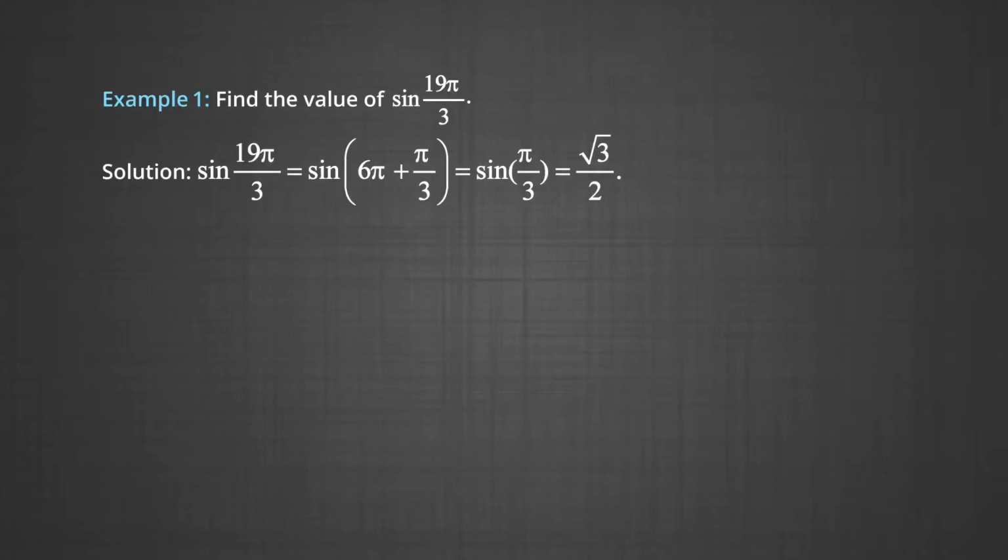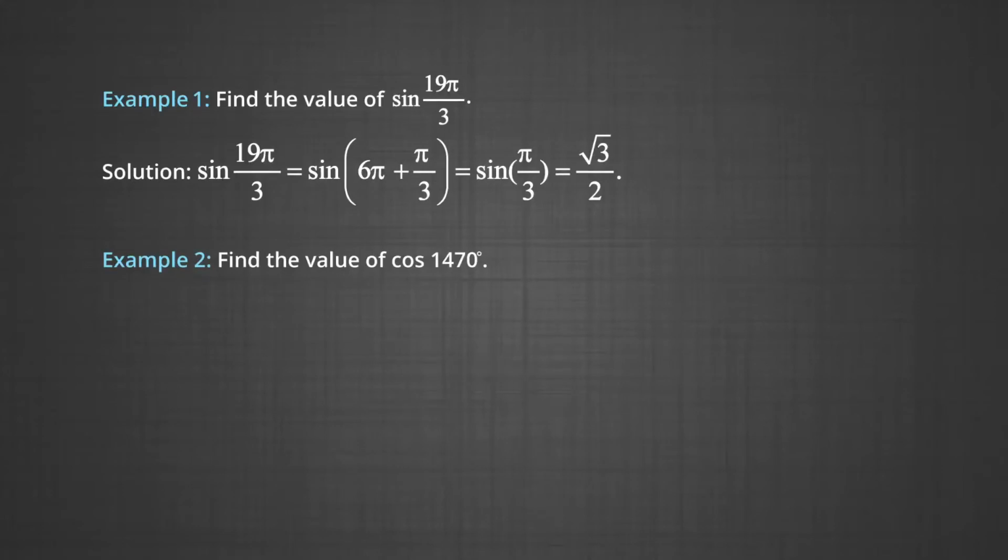So, sine of 6 pi plus pi by 3 is equal to sine of pi by 3, which is further equal to root 3 by 2. So, we can say that value of sine 19 pi by 3 is equal to root 3 by 2.